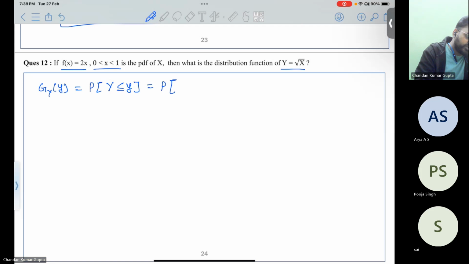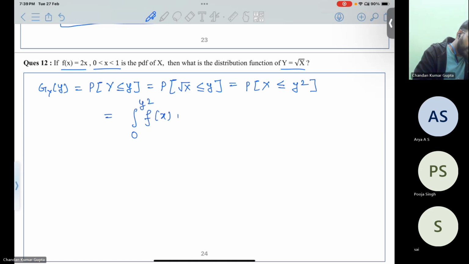Y equal to under root x, so we can write under root x less than or equal to y. That means the probability that x is less than or equal to y square. So x less than or equal to y square means what? It's the integral from 0 to y square of f(x) dx.